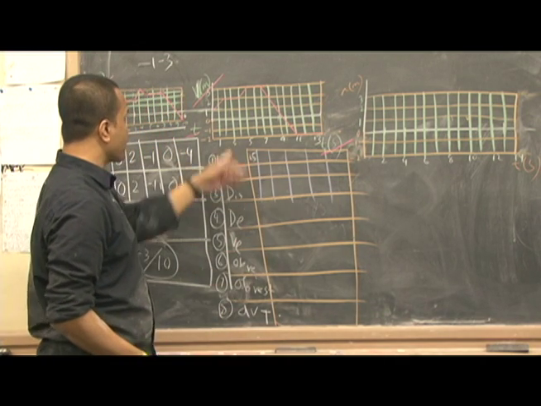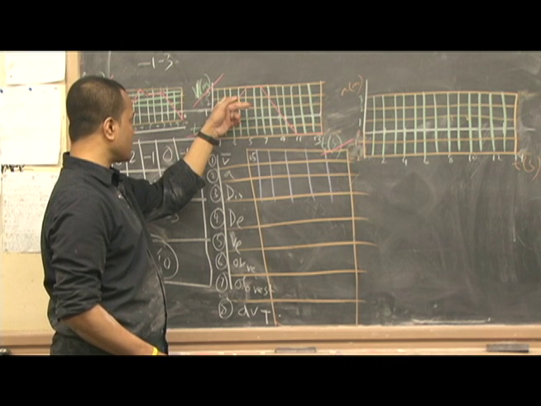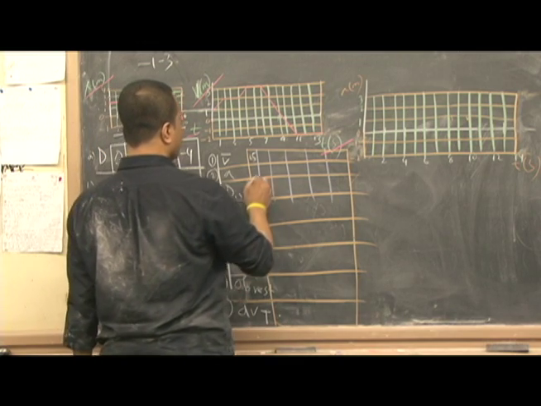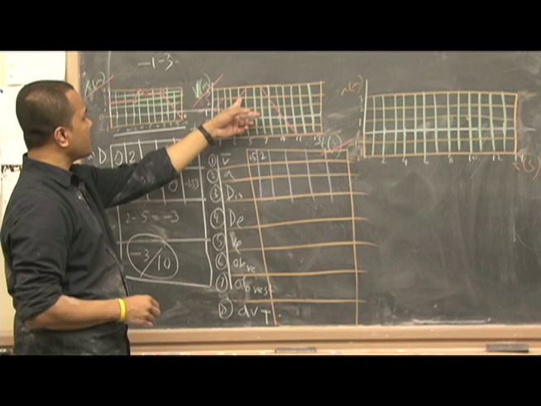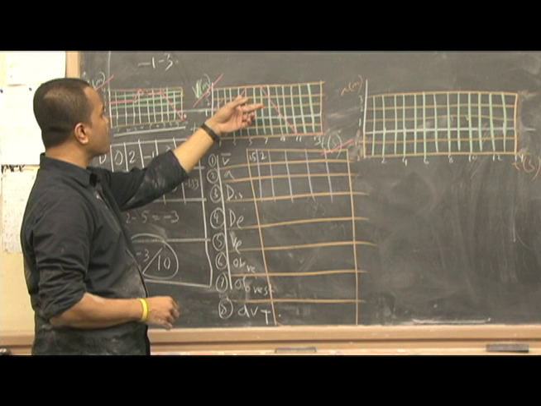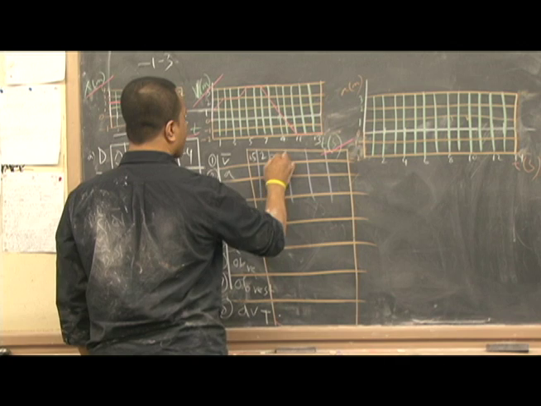Average velocity. The velocity of this one is x2 is 4, x1 is 2, 2 to 4, divided by 2 is 2. And then this one is 2 plus 3, 5. 5 divided by 2 is 2.5.